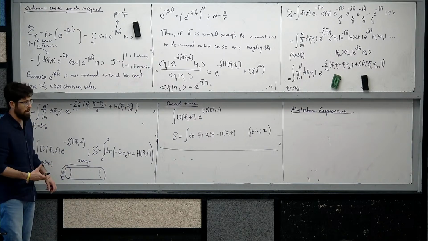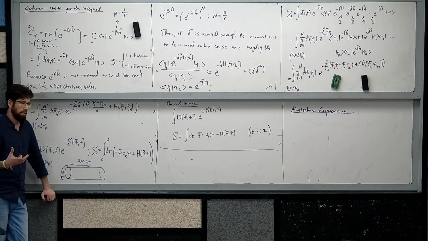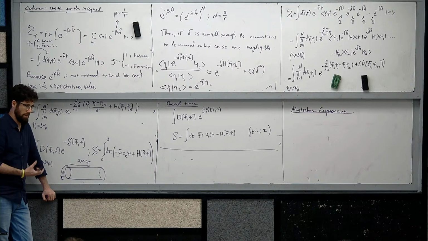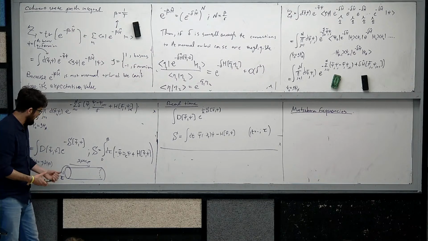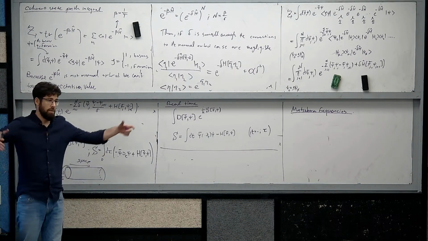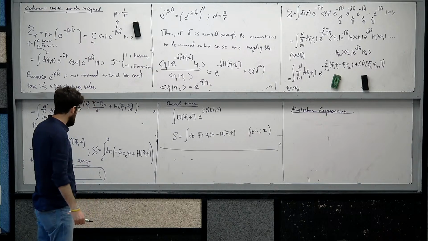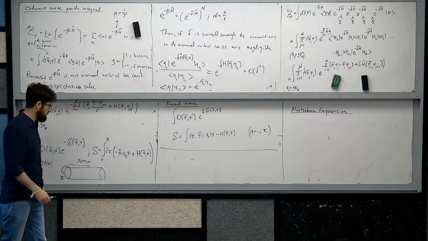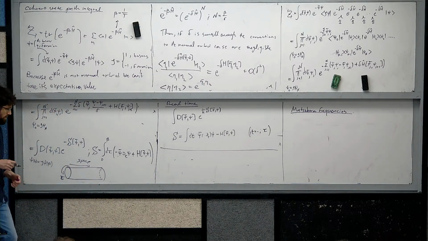So basically the object on which we are integrating now looks like this kind of generalized cylinder. Okay, and when we take beta to infinity, it's like taking the cylinder to infinity. And then we have Fourier transforms and stuff like that, which we'll discuss in a moment.